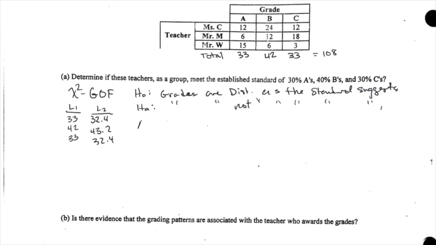Let's see. Assumptions. This is probably not random, but it's okay because this is only asking about this group, right? So it's representative of this group because it's from this group. So it's representative. Let's assume that students' grades are independent. That makes a lot of sense.